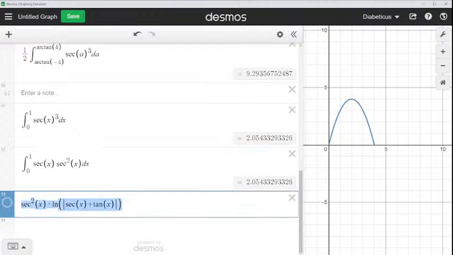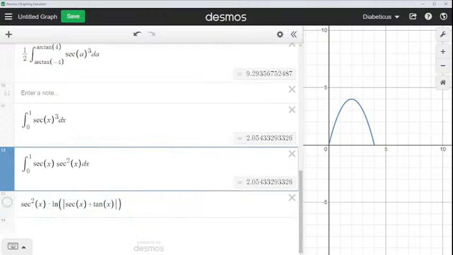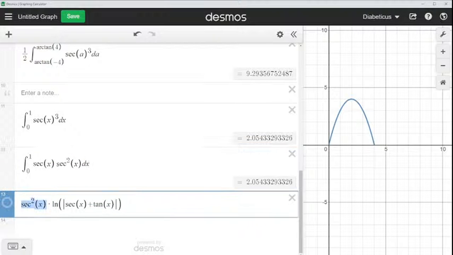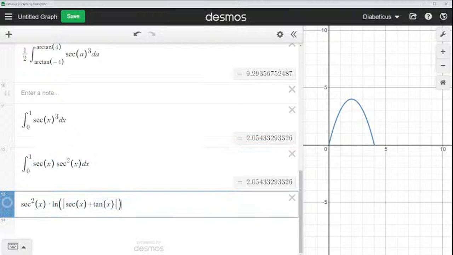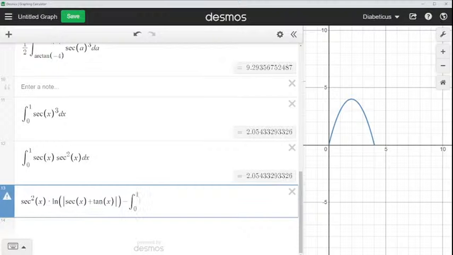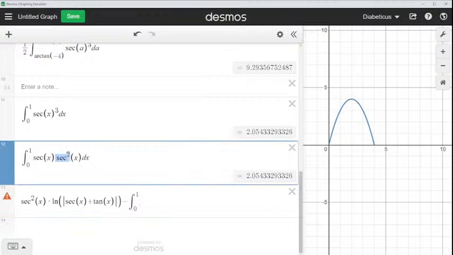Alright, we were on integration by parts. So, copy down secant squared and take the integral of this guy, minus the integral of... what was it? Get the tangent of this, the derivative of this.